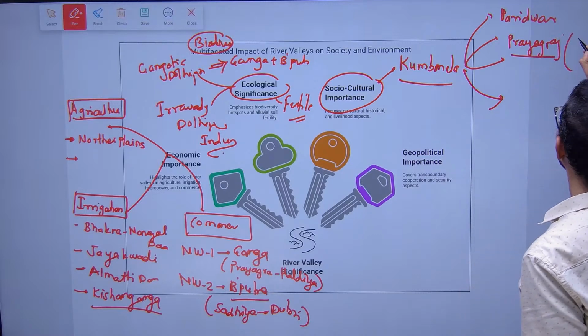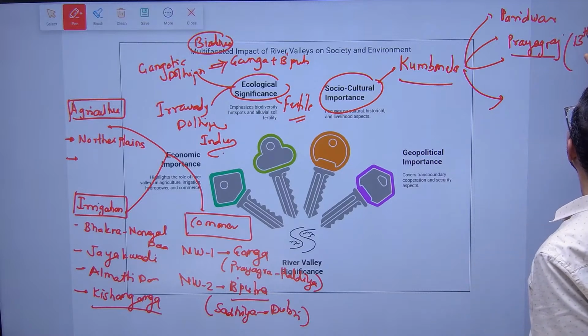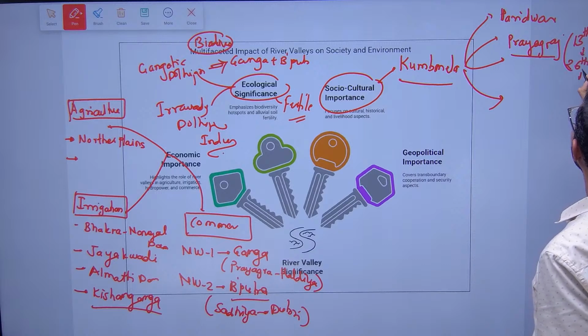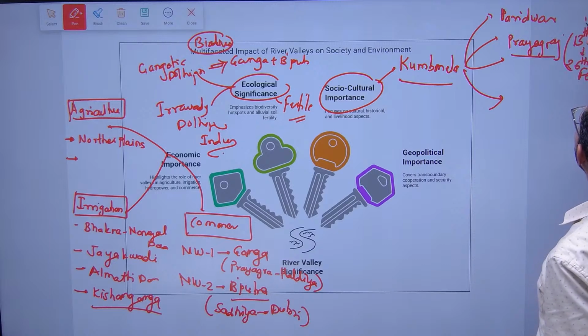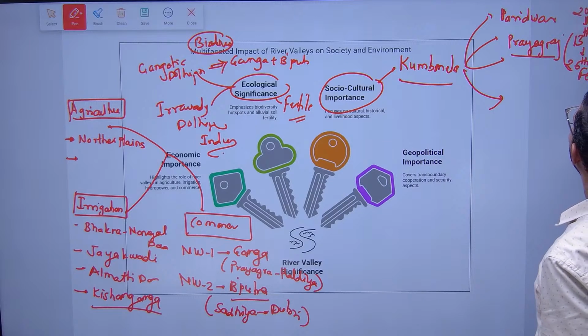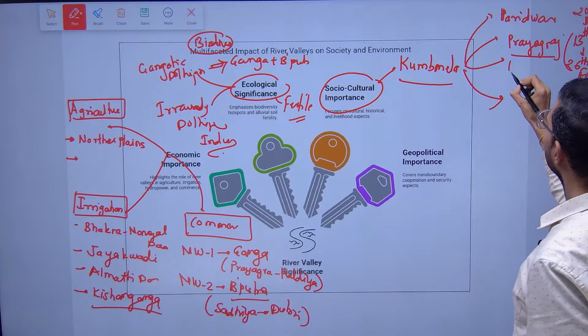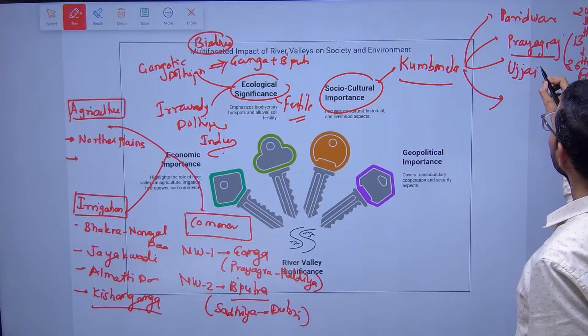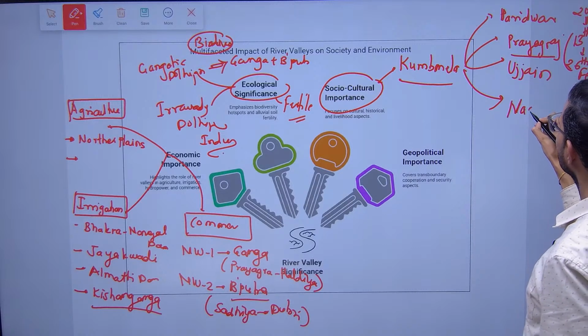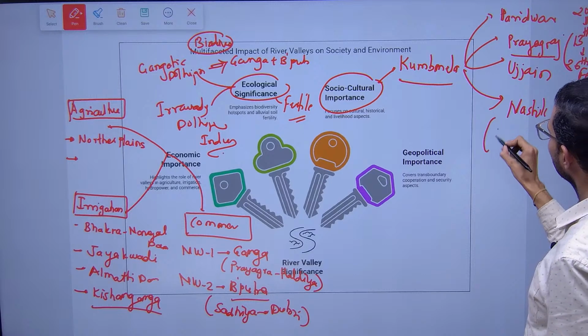Now this is from 13th January to 26th February, Mahashivratri. Which year? 2025. It is happening at Prayagraj. Then third one Ujjain, and fourth one Nashik or Trambakeshwar.